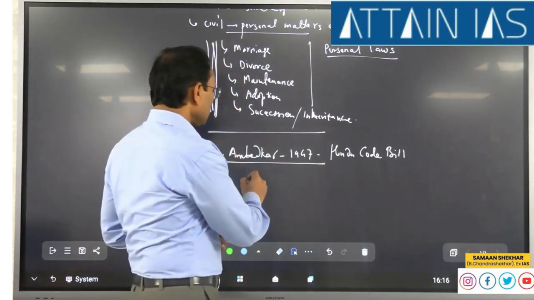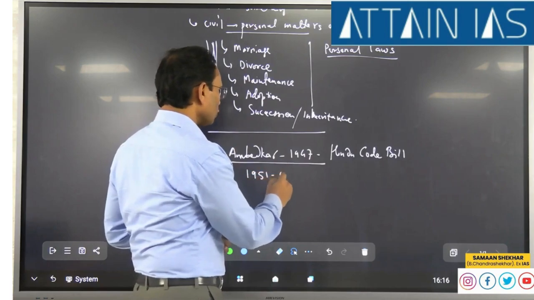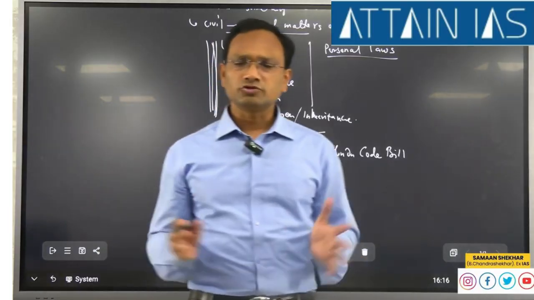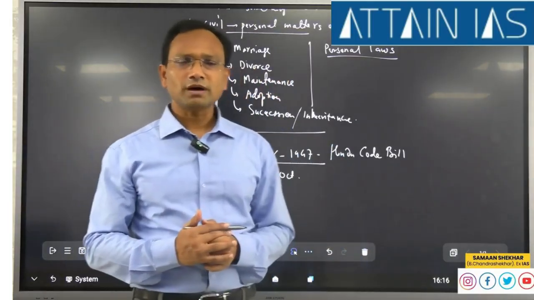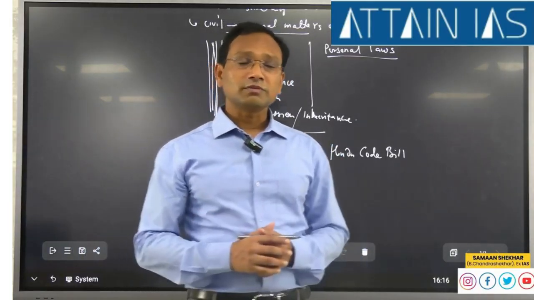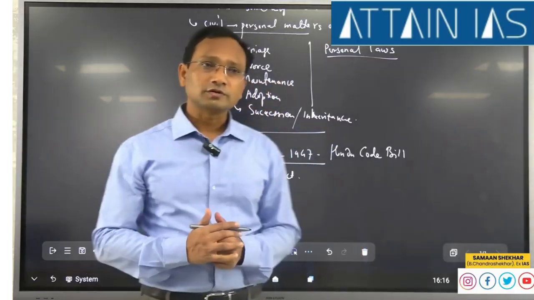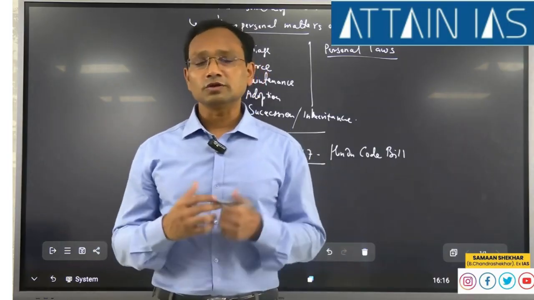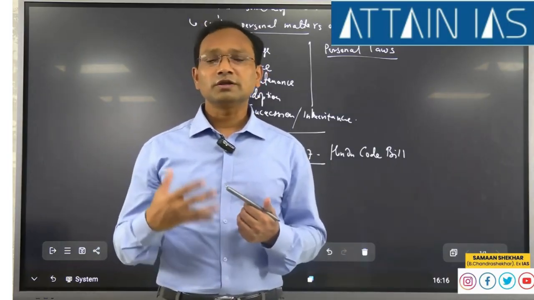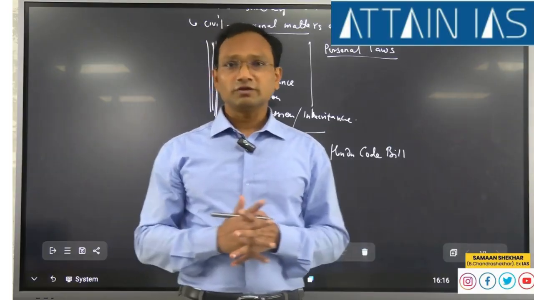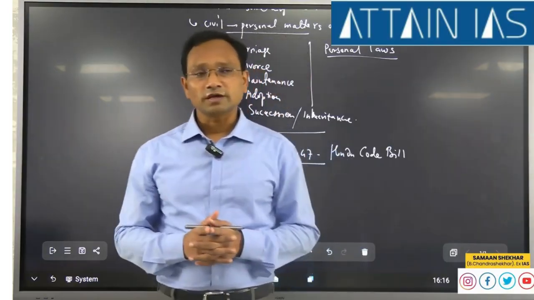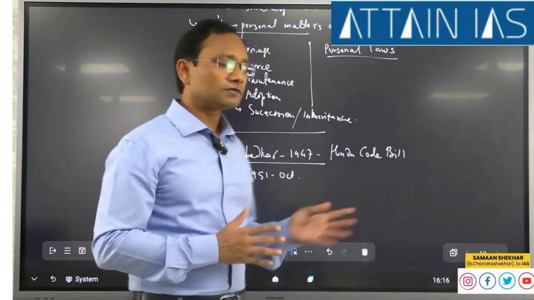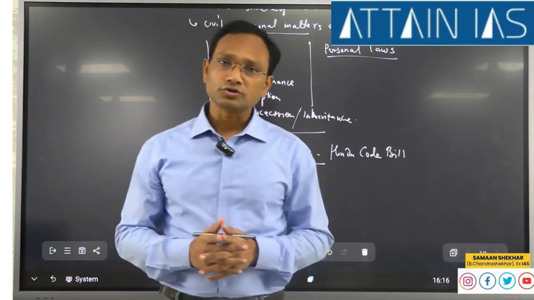And finally, in 1951, October, this bill was rejected and it could not be passed. And Dr. Ambedkar was so disappointed for this failure to be able to have this Hindu Code bill made into an act that he resigned from the cabinet, saying that this was an important issue.